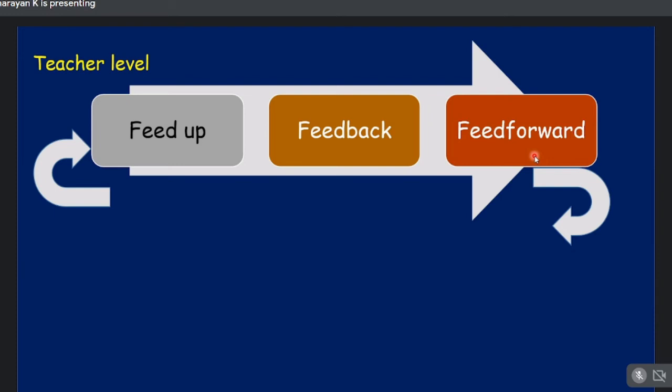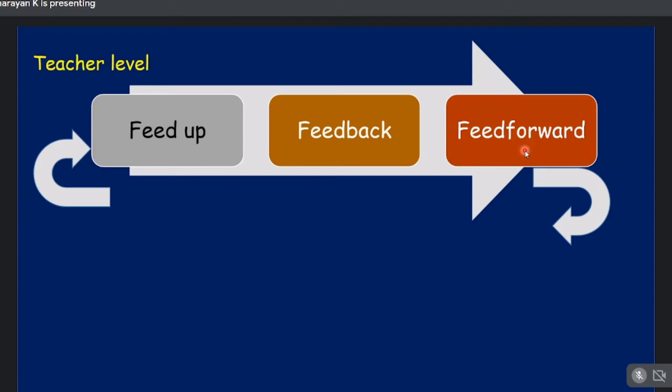That is something which we don't spend time in. So when you really look at feedback, it has got 2 components, feed up and feed forward. But it's important that we give enough feed up opportunities, instruction opportunities. Feedback, of course, we are aware of, but more important, feed forward. That is, telling them what they should do differently so that they can improve.